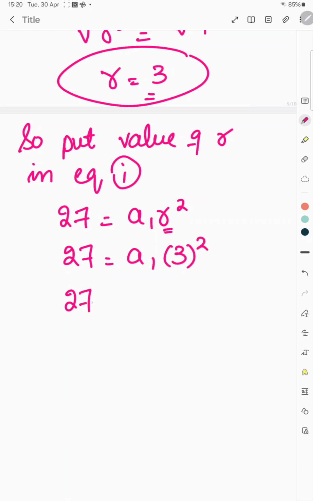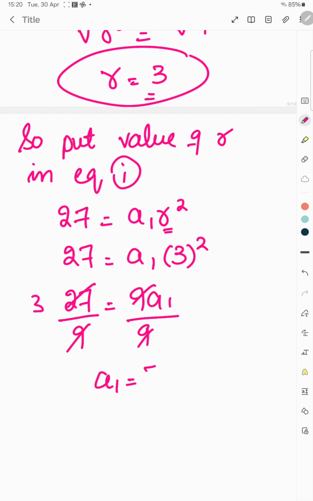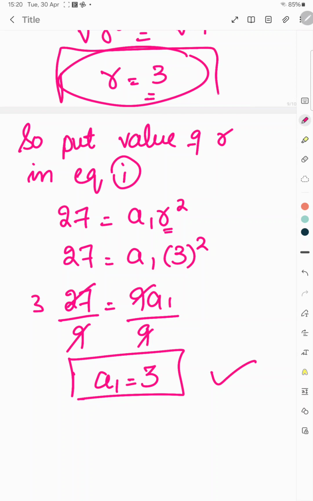So here I will get 9. As I have to find the value of a1, divide by 9 on both sides and I get the answer 3. So student, I have just found both values: one is a1, which is equal to 3, and the second is r, which is equal to 3.